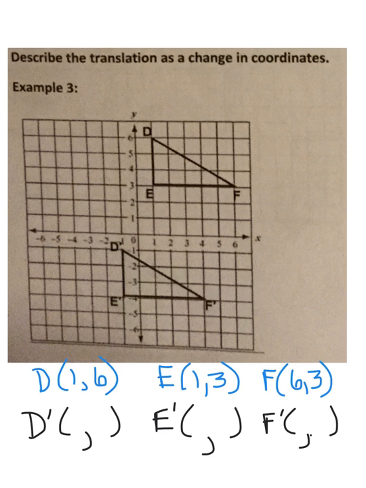All right, let's describe this translation as a change in the X and Y coordinates. So I'm going to start with the ordered pair X, Y, and I'm going to see how I've translated it. When I look at the pre-image, I see D is the ordered pair 1, 6. Let's see what the change in X is.